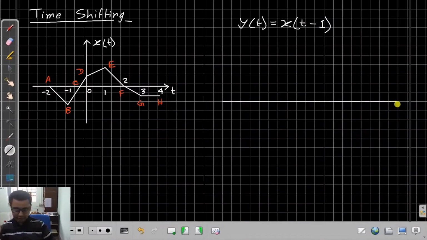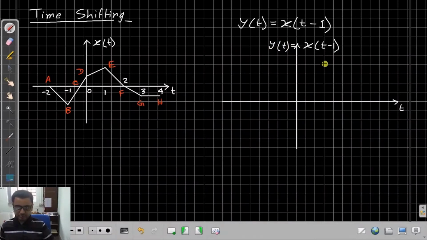Let us find that. Time axis, and now we are going to find x of t minus 1, which is the same as yt. Yt is the same as x of t minus 1.